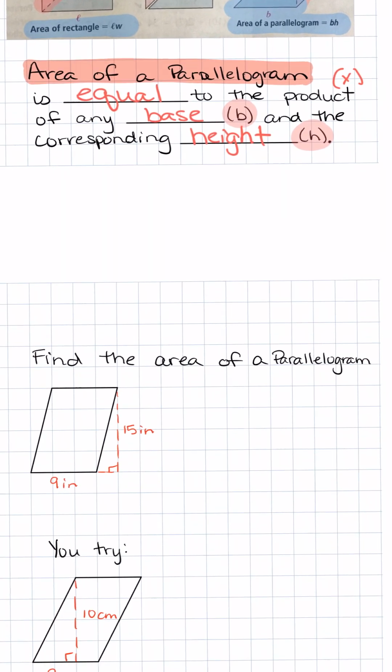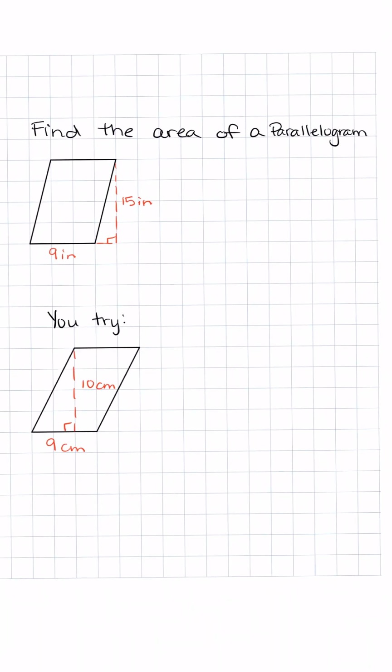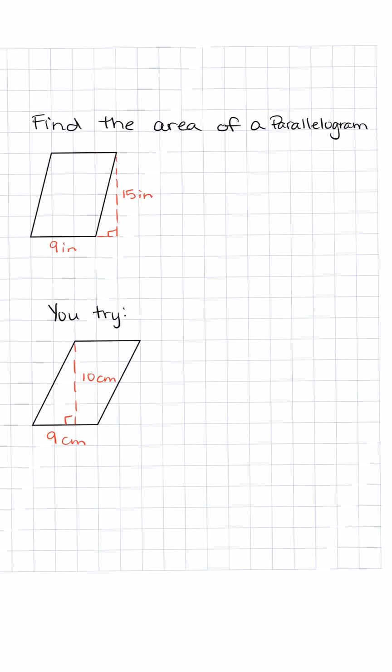So let's look at finding the area of this parallelogram. Anytime you see this line coming down, even if it's outside, that is telling us what the height is. It just has to be a perfect L to make it perpendicular.